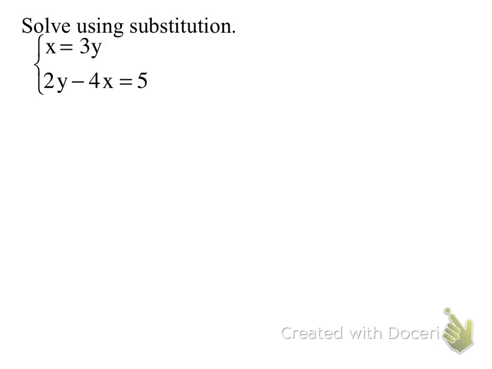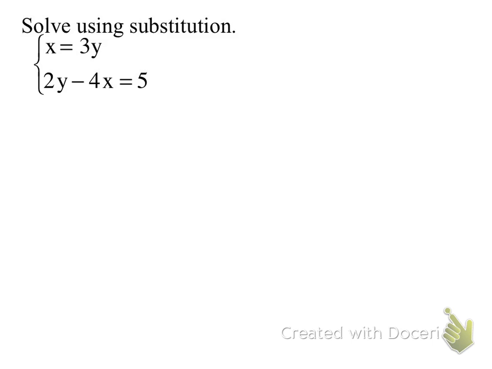Not 4x. Negative 4x. But what am I substituting in? I don't think he's understanding my question. I'm sorry. What can I substitute in this equation? Lucy. 3y. For? For 4x. No, not for 4x. For just the x. So every time I see an x, I'm going to substitute in 3y. Does that make sense, Oscar?